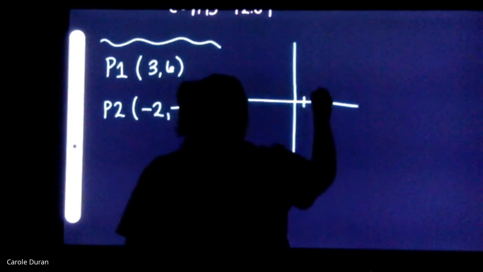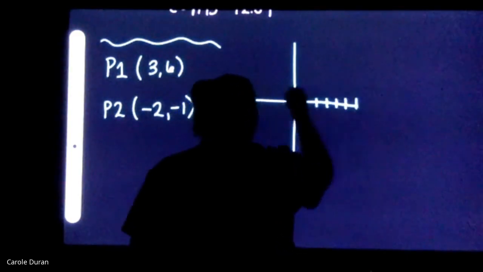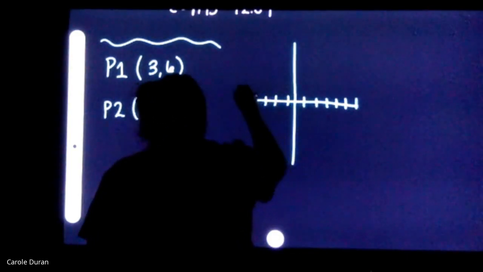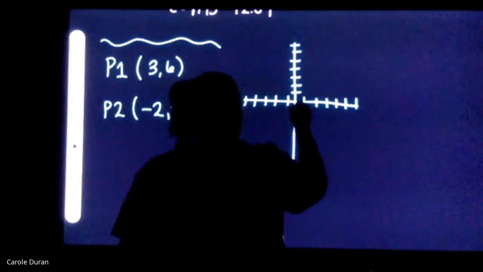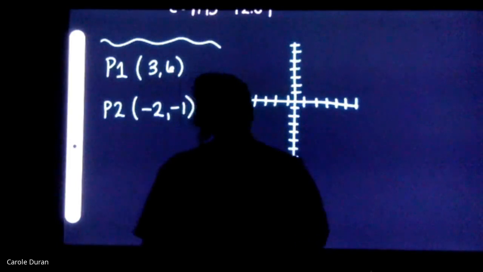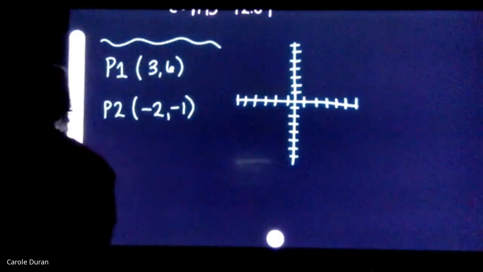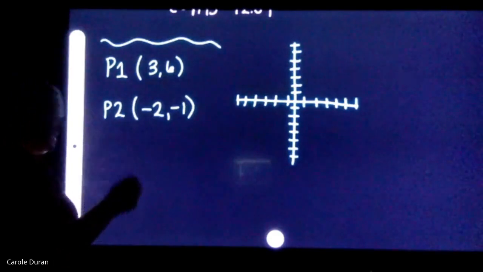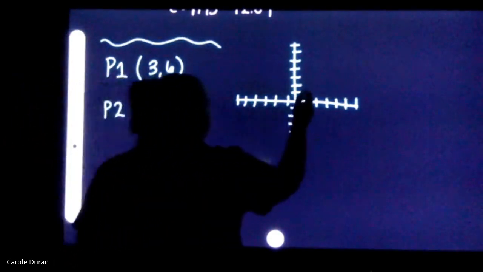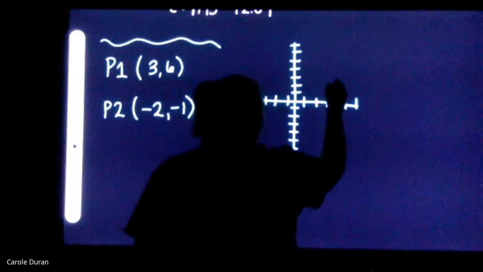So I have my x-axis. I'm going to plot point 1 first. We always start at the center, which is 0, 0. From there, I'm going to move right 3, and I'm going to move up 6.